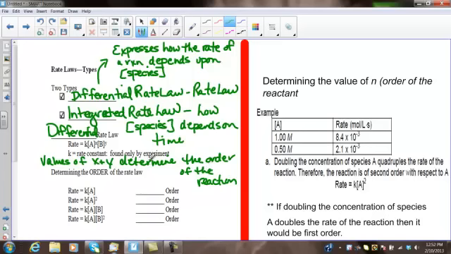It could include 0 or it could include a fraction. When we determine the order of the rate law, we're going to look to those values of X and Y, and it is the sum of X and Y exponents.